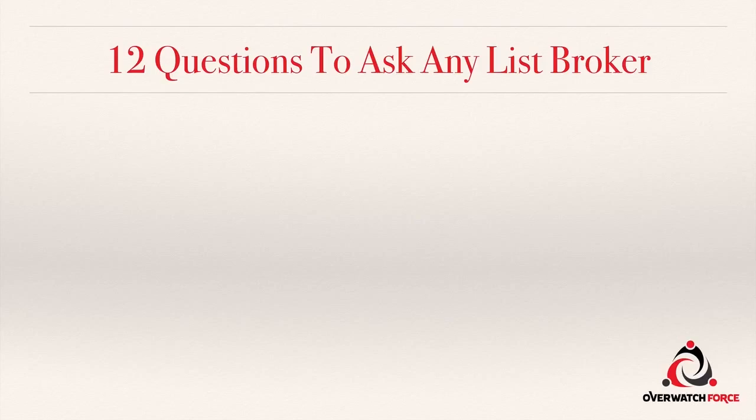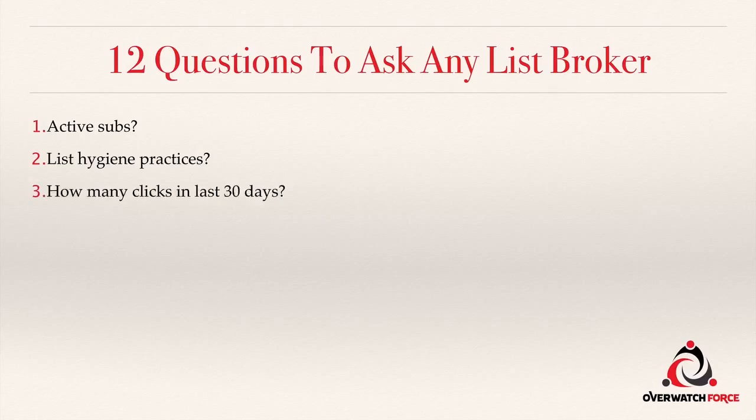Okay. All right. So you need to ask them, how many active subscribers are on this list? What are your list hygiene practices? In other words, when do you unsubscribe people, or do you ever unsubscribe people? So in one of my businesses, we actually unsubscribe people if they haven't opened an email from us in the past 60 days, because they're not interested.